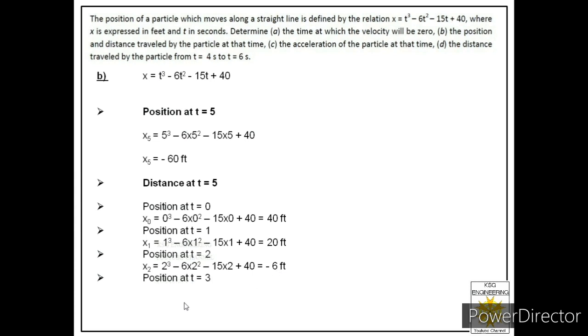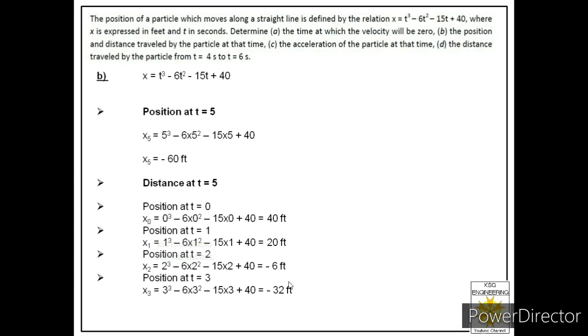Then we will see the position of the particle at t equal to 3 seconds. Now we will replace t with 3 and we will get this equation, and this equation will give us the position of the particle at time equal to 3 seconds. So this is equal to minus 32 feet.